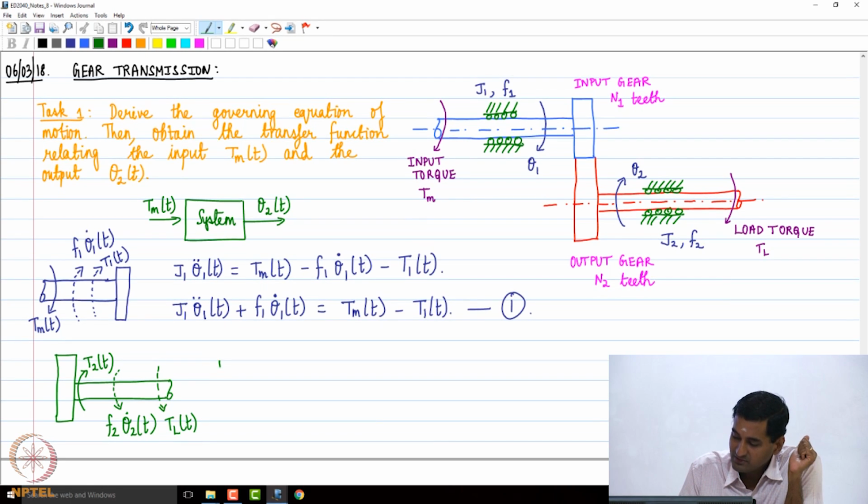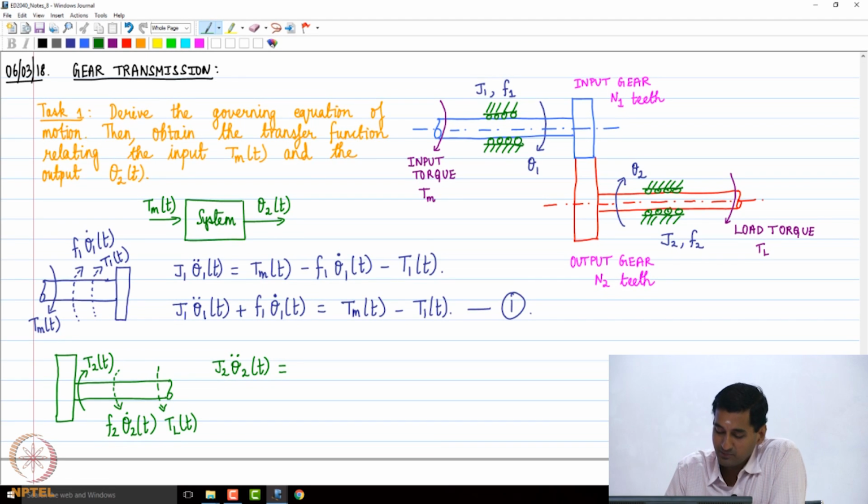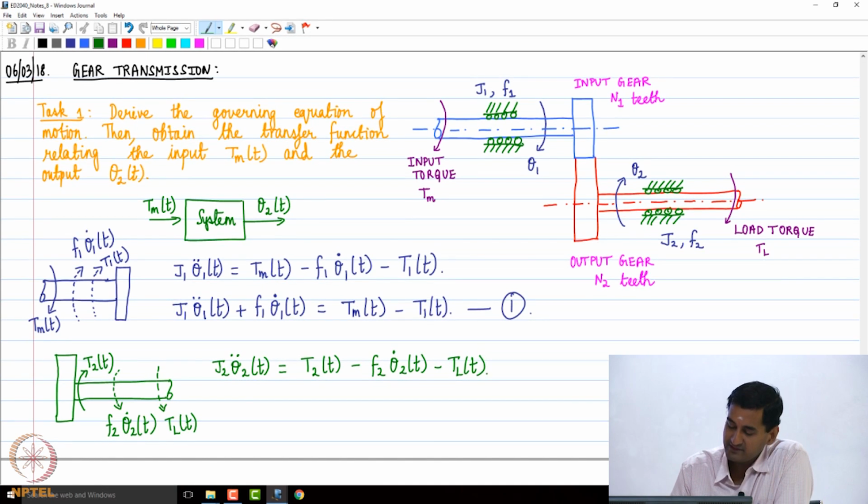So what we are going to have essentially is J2 times theta 2 double dot, that's going to be equal to T2(t) minus F2 theta 2 dot of t minus TL(t), right? That's going to be the governing equation.